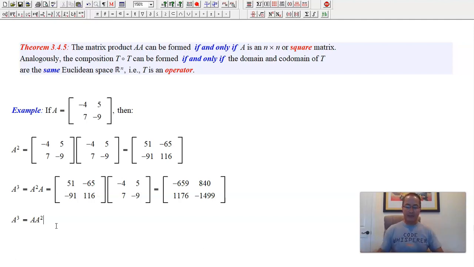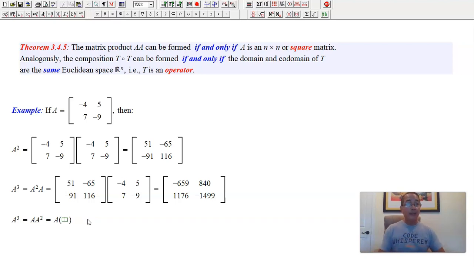Okay. Except these are not completely random matrices. In that example that I showed you, I just filled in each matrix with whatever number came to my head or my fingers. These matrices are not random. They all came from A. So should we get exactly the same answer if we reverse the order?